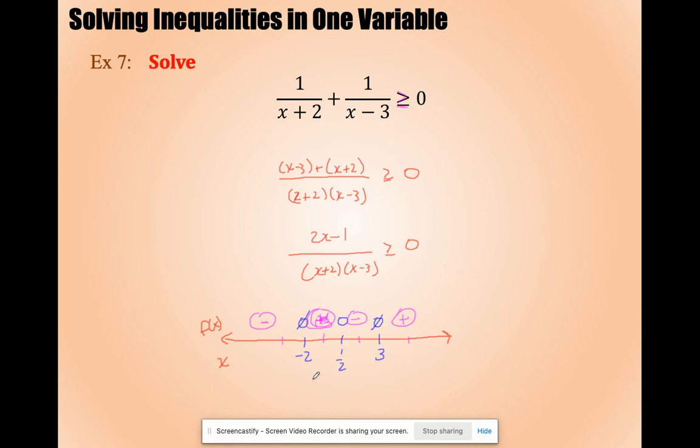So -2, I can't include that because that's not 0, that's undefined. 1/2 is included. And then again, 3 is undefined, so you can't include 3.